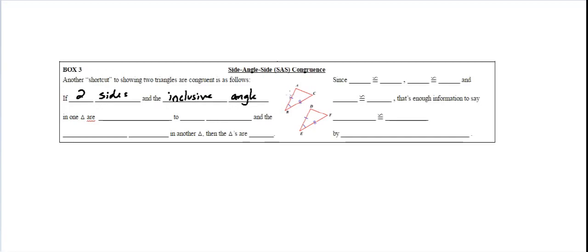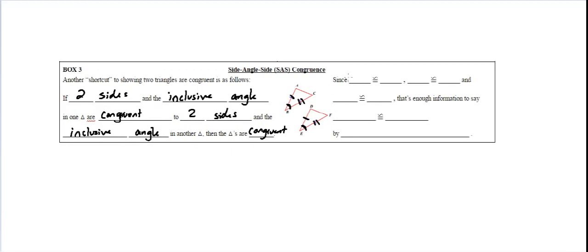So for example, if I've got this side and this side equal to this side and this side, and the inclusive angle, the angle between those 2 sides, if those are the same in both triangles, meaning if 2 sides and the inclusive angle in one triangle are congruent to two sides and the inclusive angle in another triangle, then the triangles are congruent.